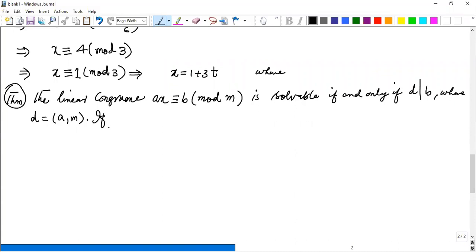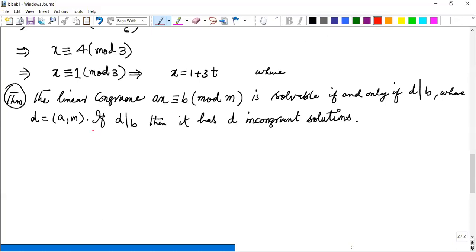For the second part of the result: if D divides B, then it has D incongruent solutions.